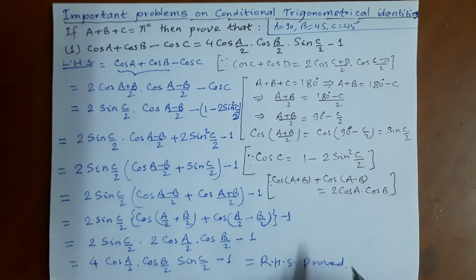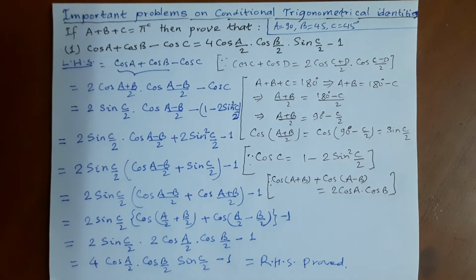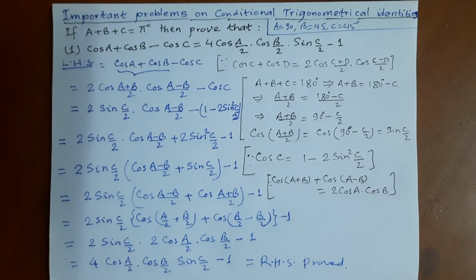Proved. In this way, starting from LHS and using the formula of cos c plus cos t, and using the next formula, cos (a plus b) plus cos (a minus b) equals 2 cos a cos b, we can prove this conditional trigonometrical identity.